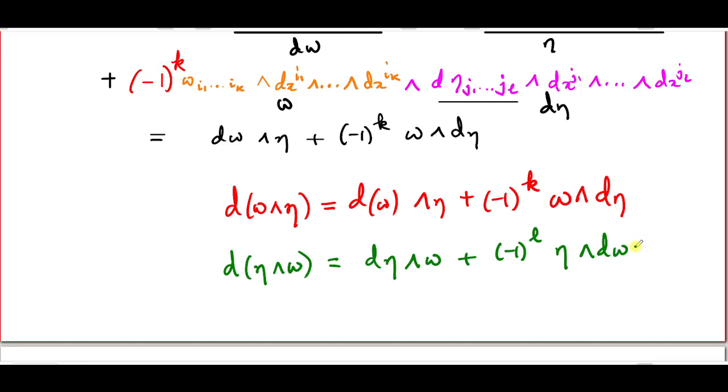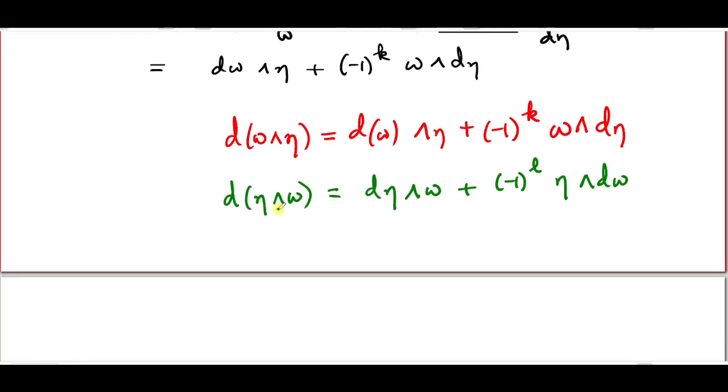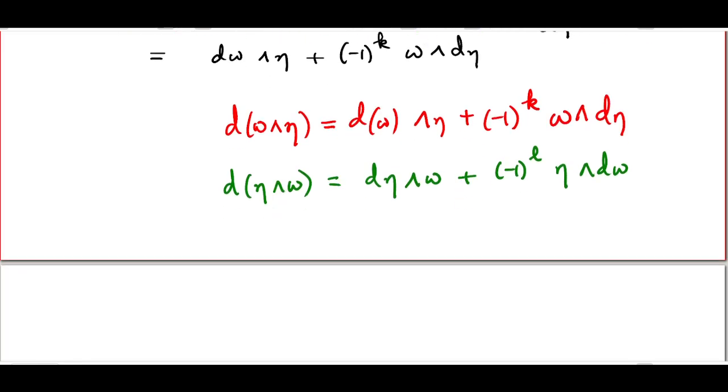Now what we can do is do a quick consistency check between these two. Strictly speaking, this consistency check is not really necessary because we have already proven this expression. So they had better be consistent with each other. However, we can try to use the fact that we know the relationship between eta wedge omega and omega wedge eta.